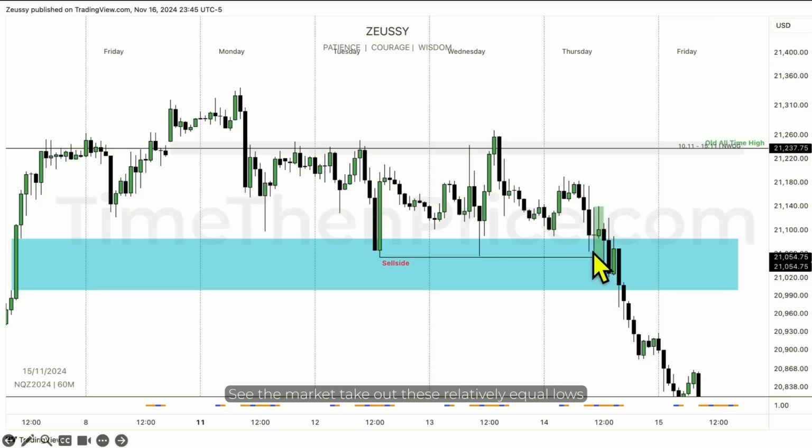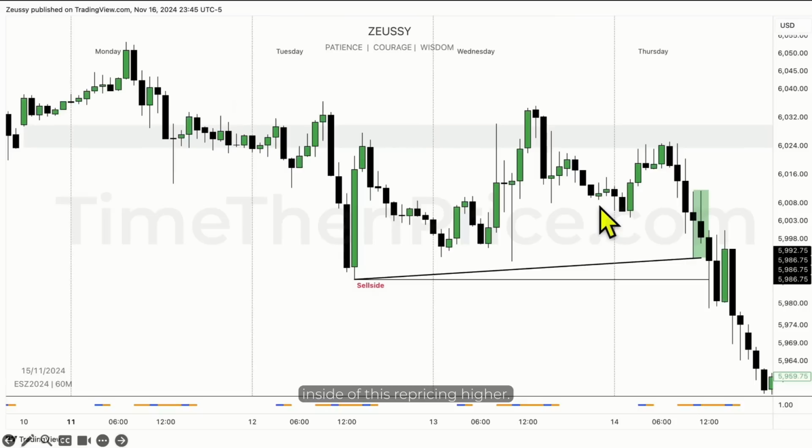See the market take out those relative equal lows, and then on the lower time frames we saw a market make a buying model present itself inside of this repricing higher. If we pay attention to ES then, what I want you to see is that there was SMT relative to those previous daily lows with regards to ES and Nasdaq.